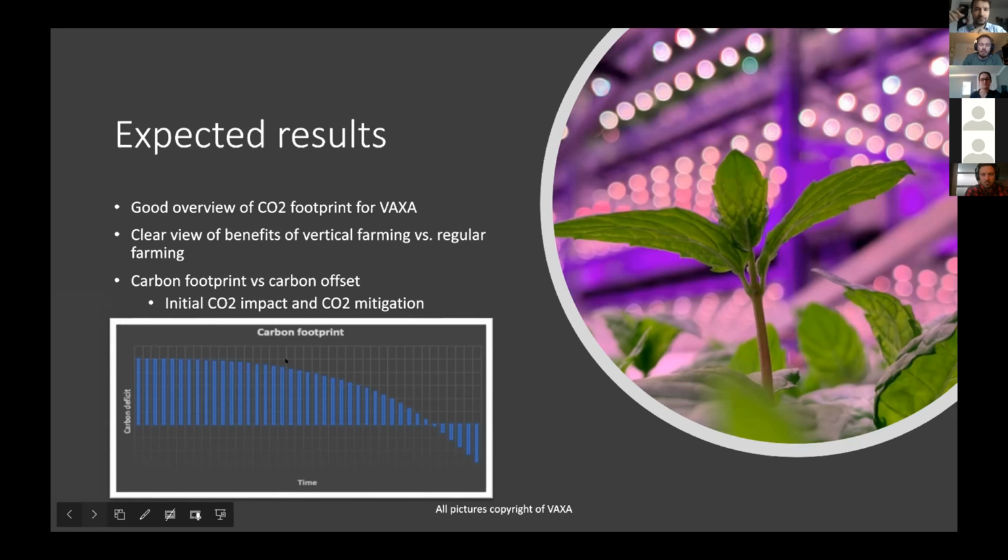And when you go up with your production, you start decreasing it. So at what time have you mitigated your initial carbon footprint? And that was that for us.